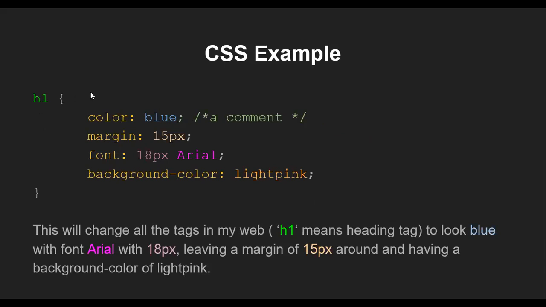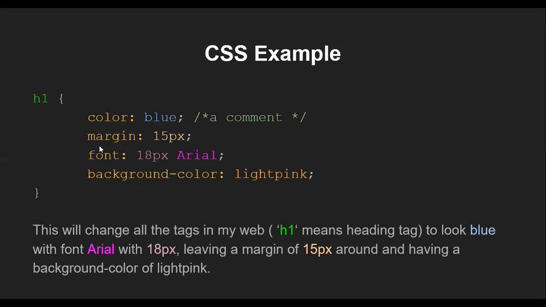It's an example of a CSS declaration. We have the H1. We give it a color of blue. Then if you want to add a comment in CSS, we use this symbol, /*, then close it by star and /. So what I've done here is that the color of the H1 in my web page will be blue.